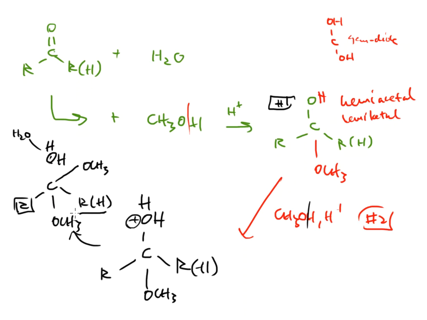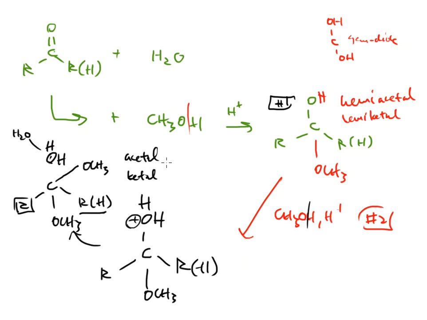Now, once more, this really depends on what we have, a ketone or an aldehyde. And if it goes through this second step, this is step number 2, addition number 2, folks, what we end up with are not hemiacetals or hemiketals. What we end up with here is a full-blown acetal if it's from an aldehyde, and a ketal if it's from a ketone.